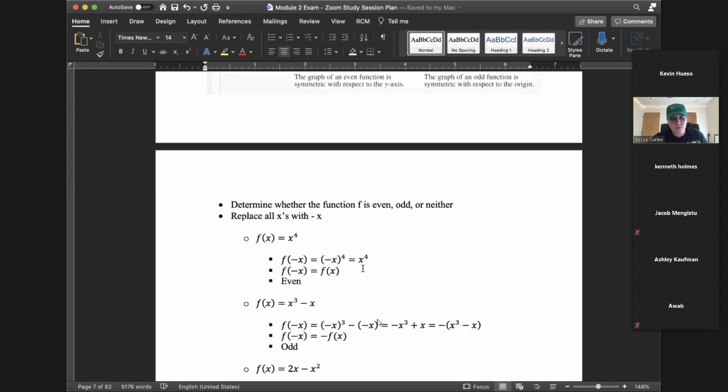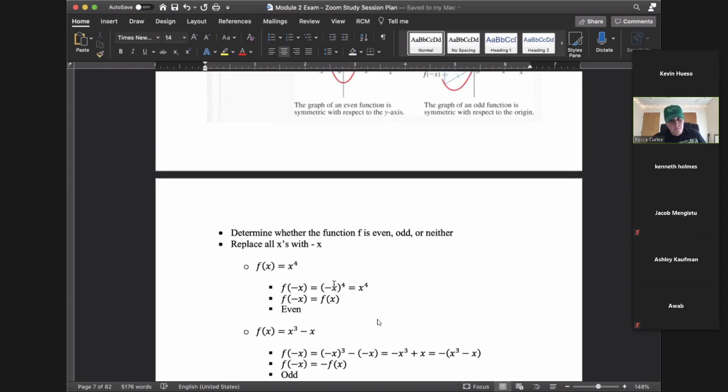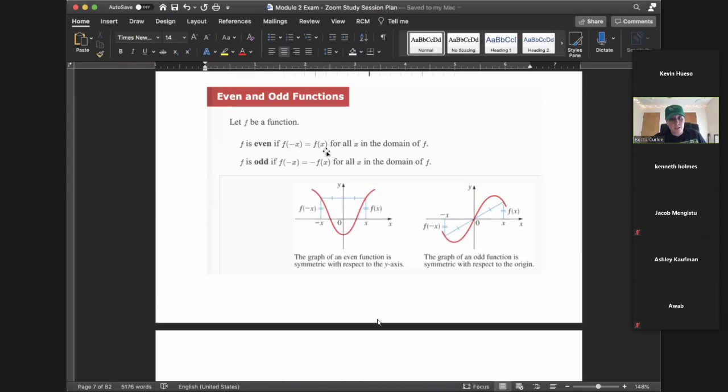You replace this x^4 with (-x)^4. Anything that's negative raised to an even power is going to be positive. So you can see that (-x)^4 = x^4. So therefore, f(-x) = f(x). That means it's even, just like we saw up here. If f(-x) equals f(x), it's the same thing, then it's even.